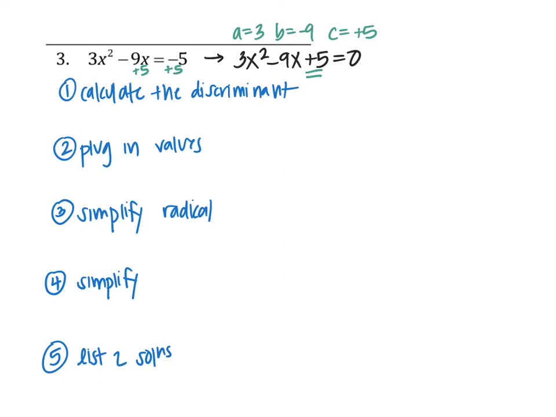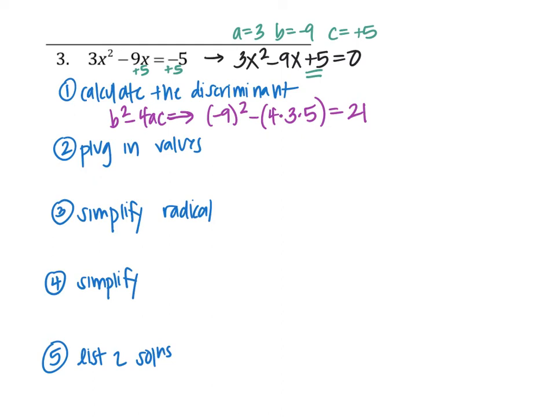The first thing we always do is calculate the discriminant. B squared minus 4AC. B is negative 9. Make sure you put that in parentheses. It makes a difference. Negative 4 times A times C. I got a discriminant of 21. It's positive, which tells me I'm going to have 2 real solutions. I need to keep going.